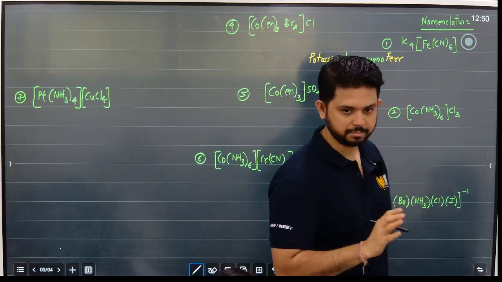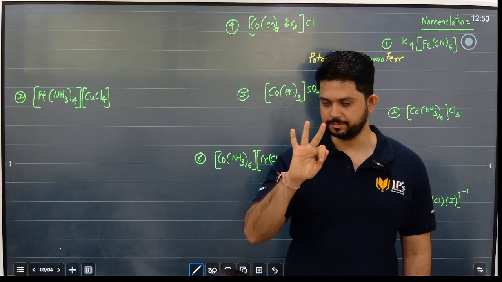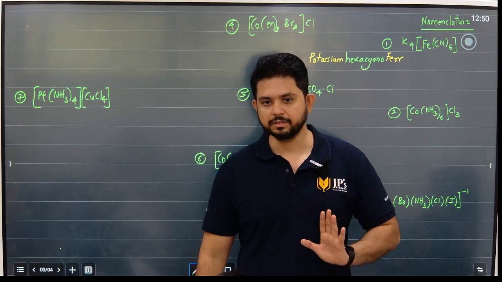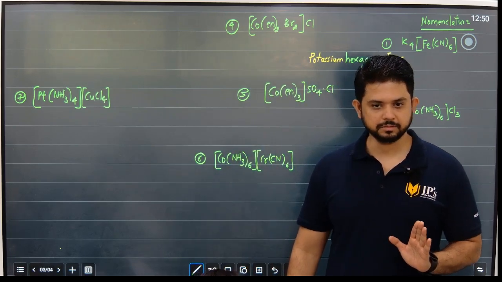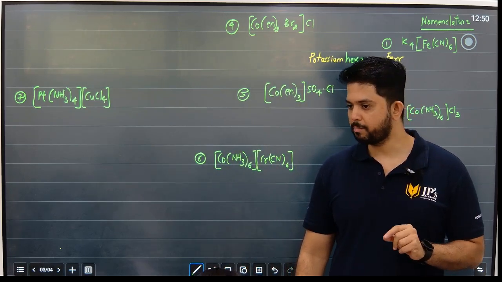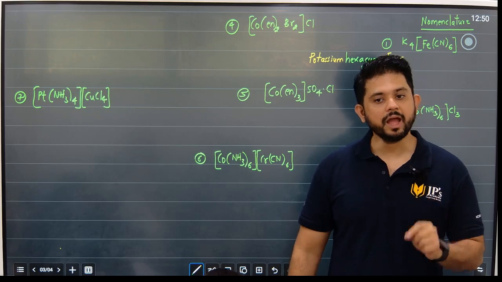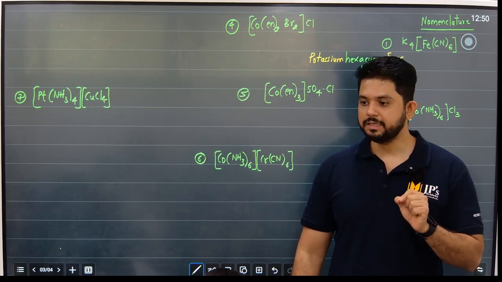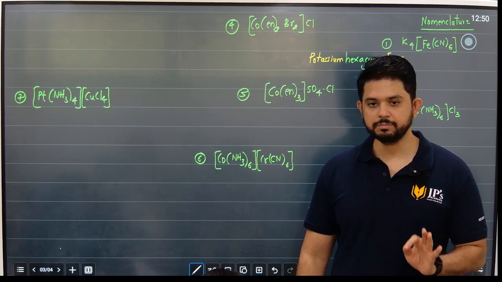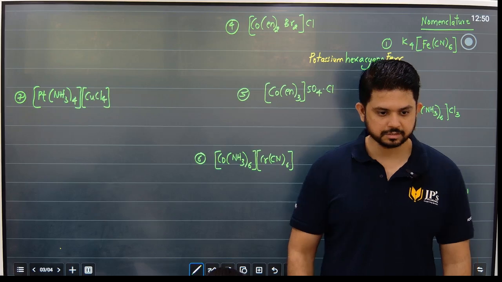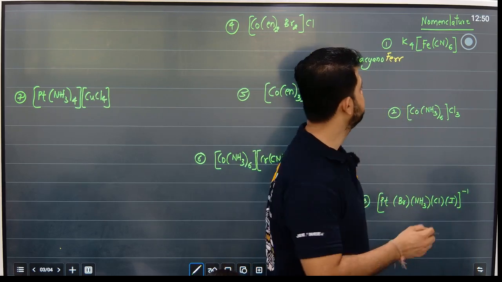ferrous. But rule number 3: I repeat, if the complex is anionic, you add ATE to the name of the metal. Ferrous becomes ferrate.